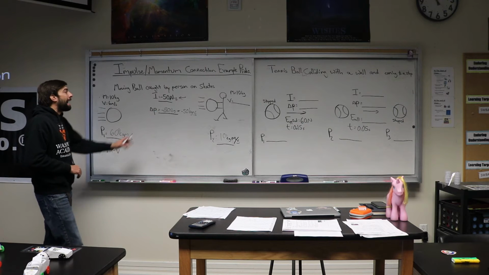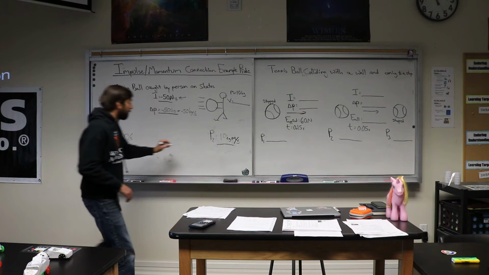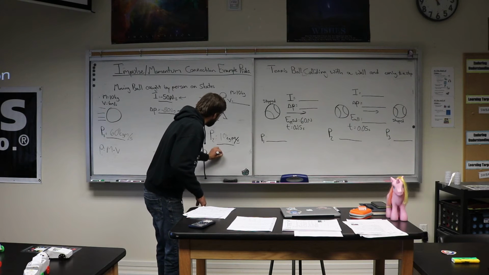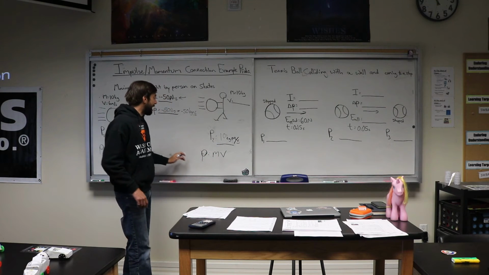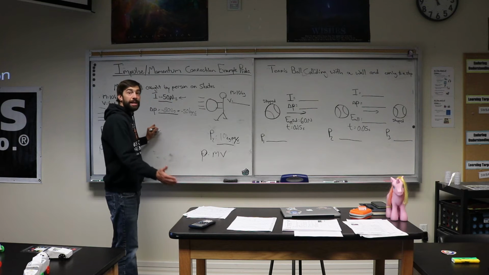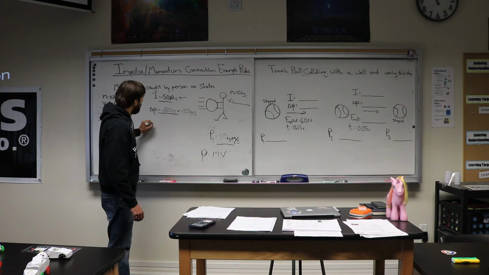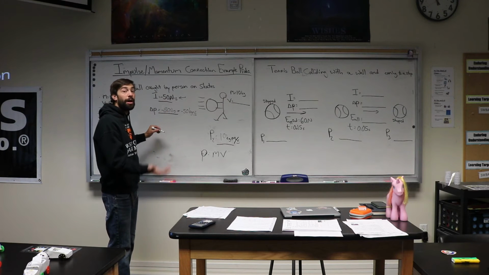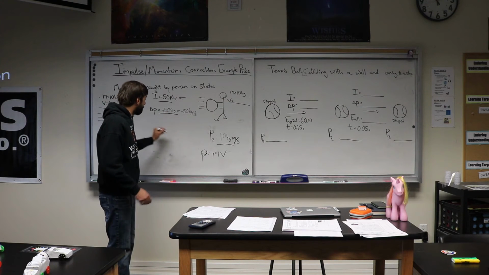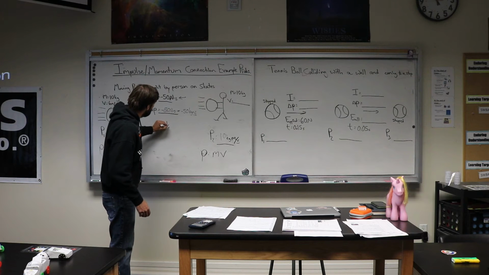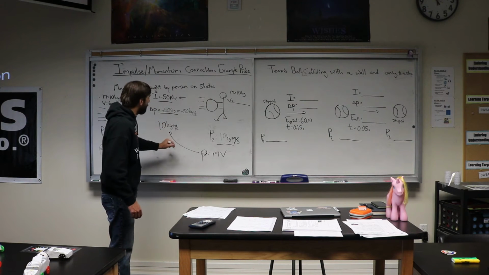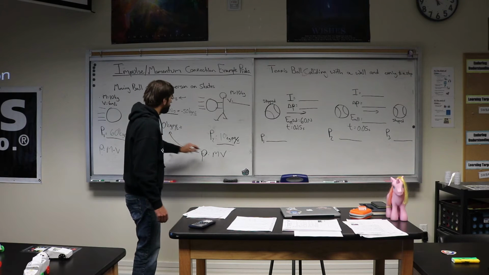we can work backwards to find the velocity. So our momentum equals mv. And I'm going to do it up here just in case you can't see with the table. What I find works the best is to just plug in all the numbers. So 10 kg m over s, that's our momentum, equals our mass.